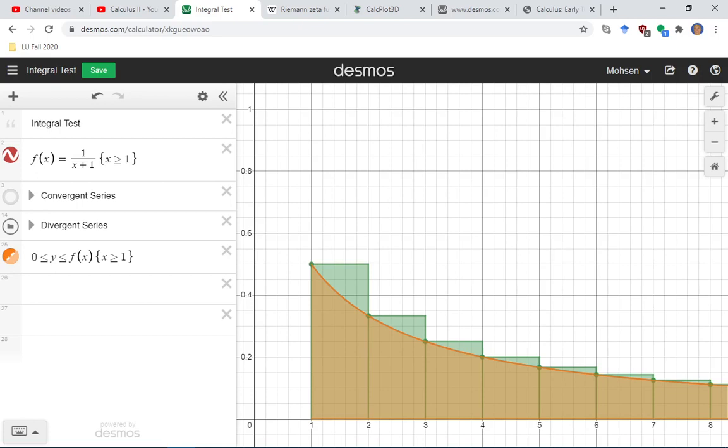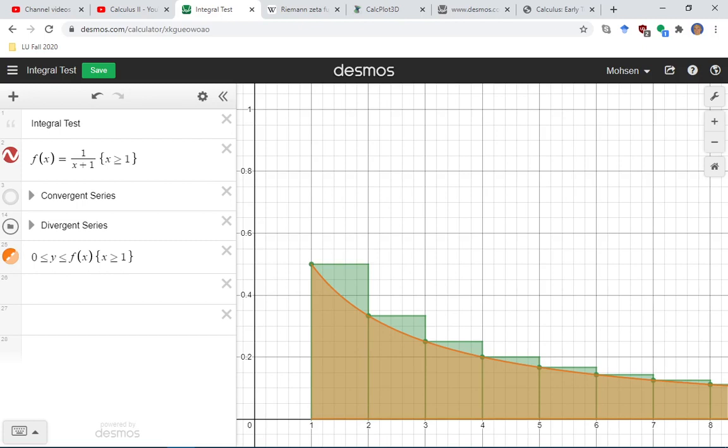So the graph of this function is this orange brown color line that you see here. The area under this we have established to be infinity. Our integration shows that the area is infinity.